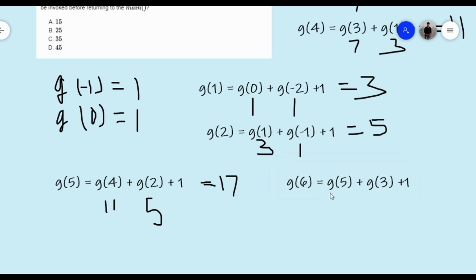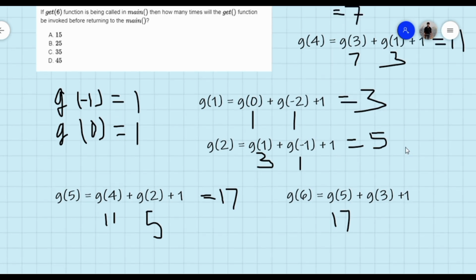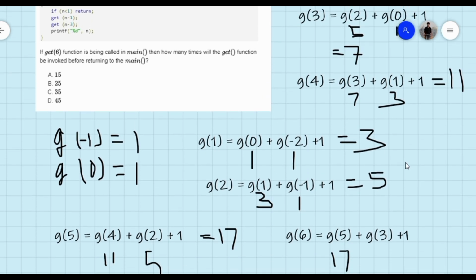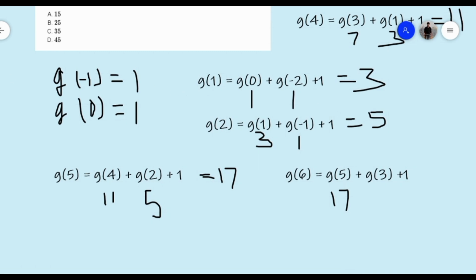For g of 5 the total is 17. For g of 3, the total is 7. So for g of 3, 7, plus 1. Total will be 17 plus 7 is 24, plus 1 is 25.